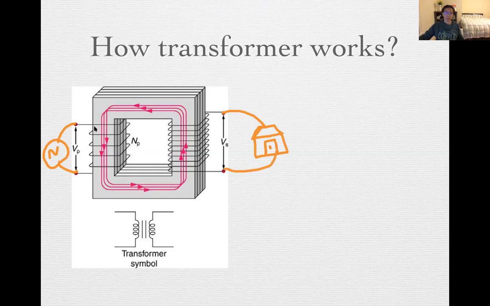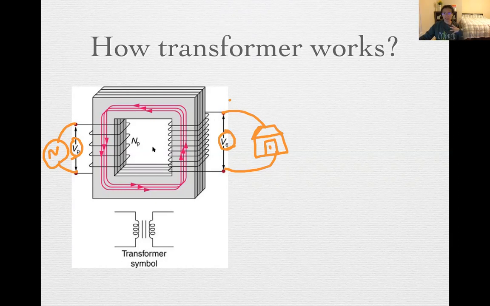So circuit one, I'm going to call the primary circuit, and this end I'm going to call the secondary circuit. The primary circuit will send out current with the voltage VP. And my goal is to convert that voltage from VP to VS. And this is my design.